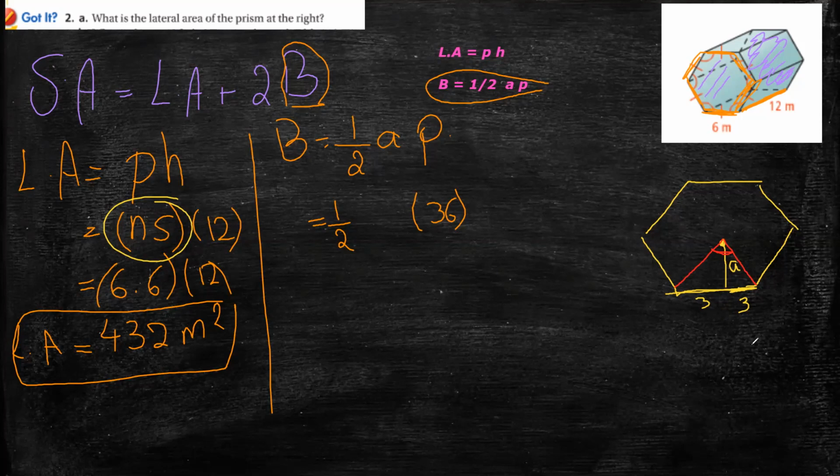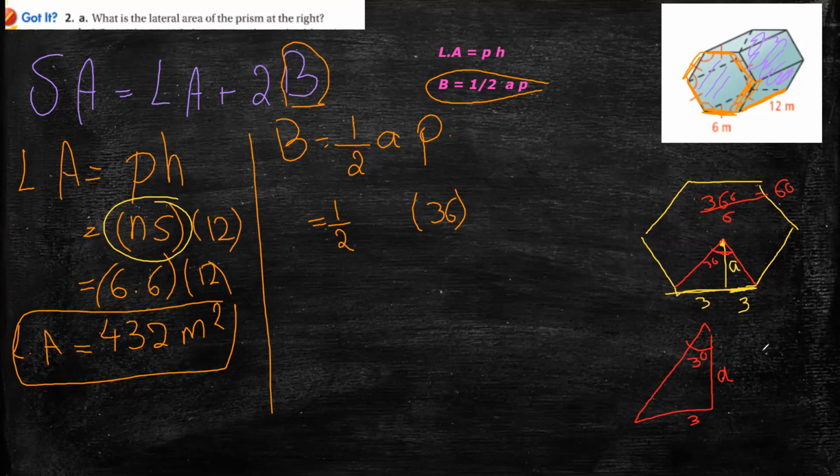We said that since we have 360 divided by 6 sides, here we have 60. So this angle is 30, half of them. So in my triangle here, we have 30, we have 3, and we need to find the apothem.